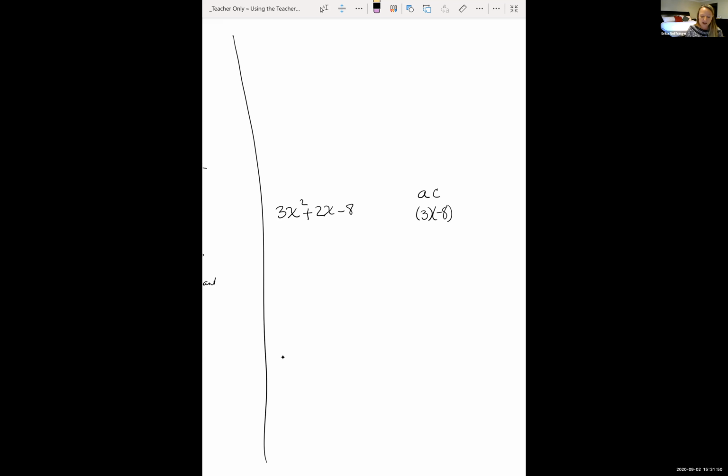And so if I multiply those together, 3 times -8, I get -24. I need to figure out what my middle coefficient is, which is 2. And we're trying to think to ourselves, are there 2 numbers that you would have to multiply to give you a -24, but when we add them together would add to a 2.